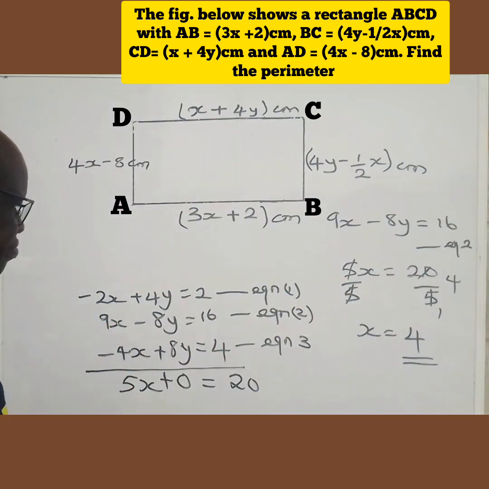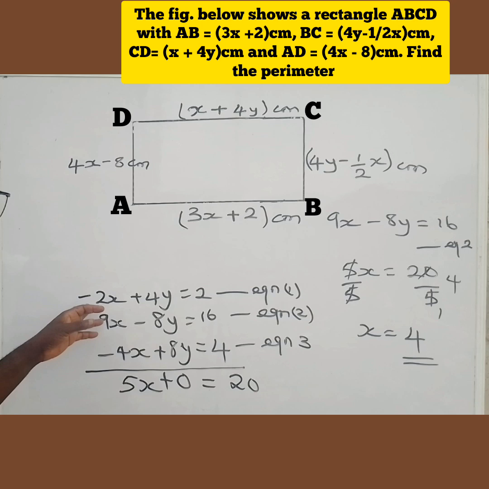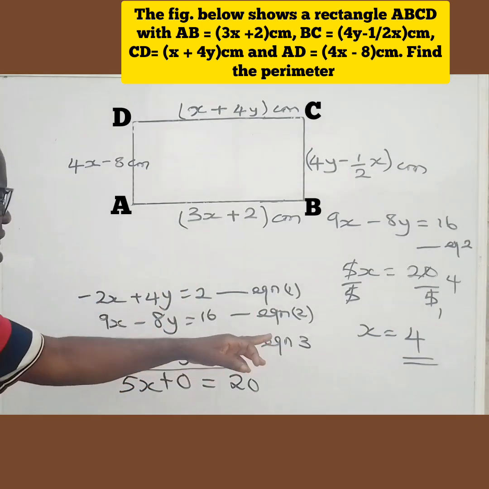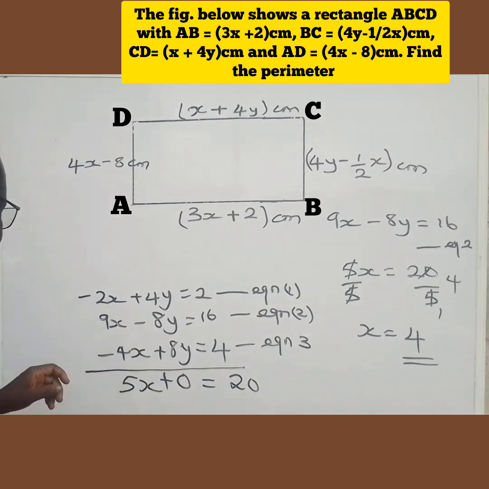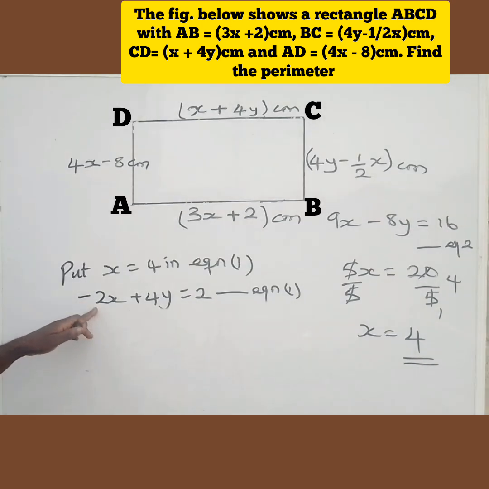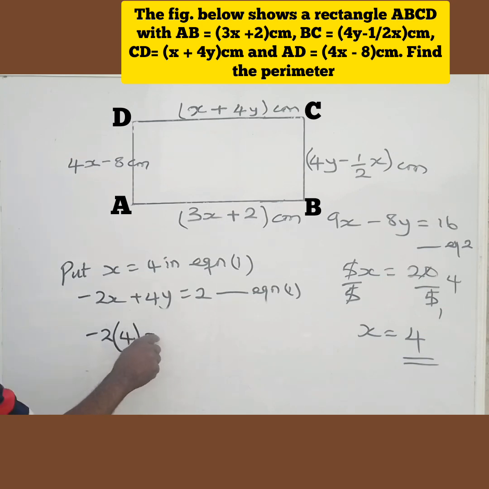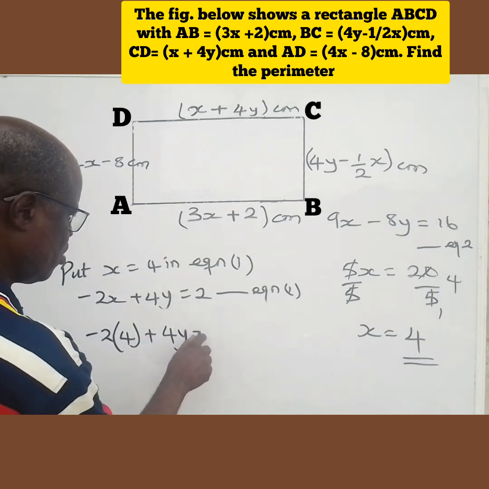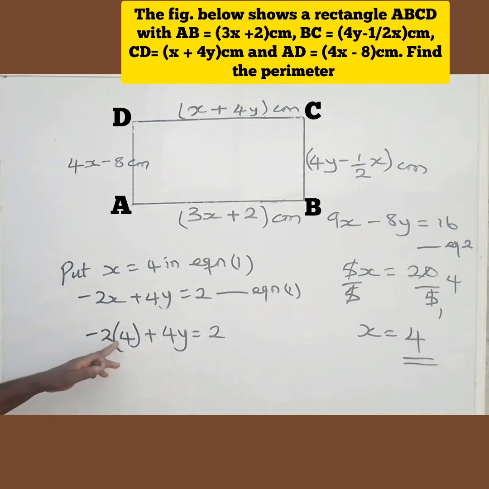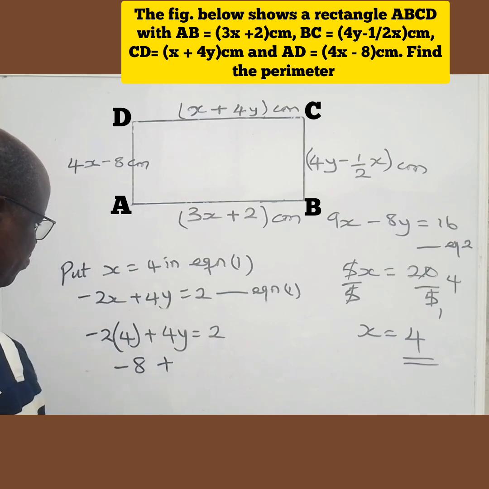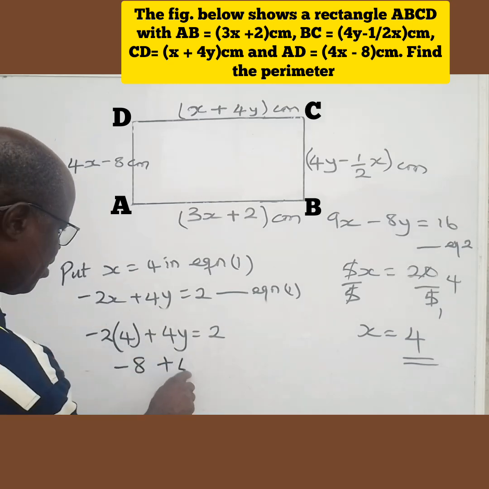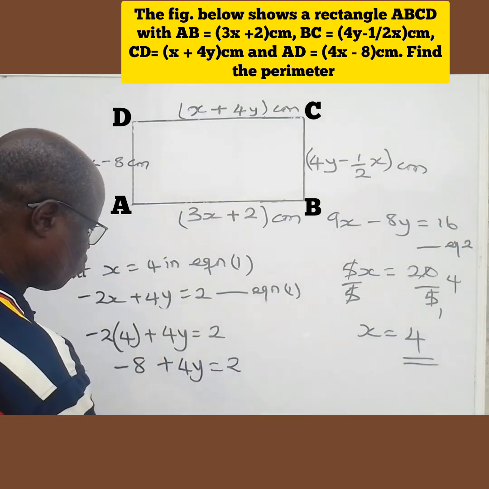Now what of y? I can come to any of the equations and substitute my x to get my y. So let me put x equal to 4 in equation 1. This is minus 2x. Put x: minus 2 times 4, that's minus 8. Minus 8 plus 4y equal to 2.